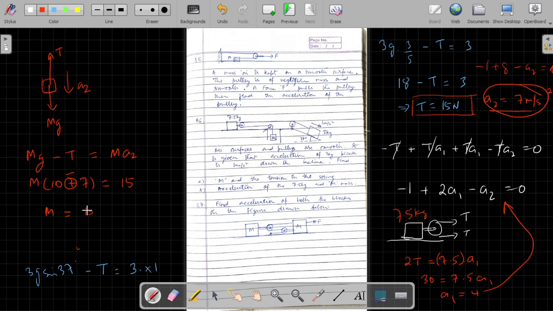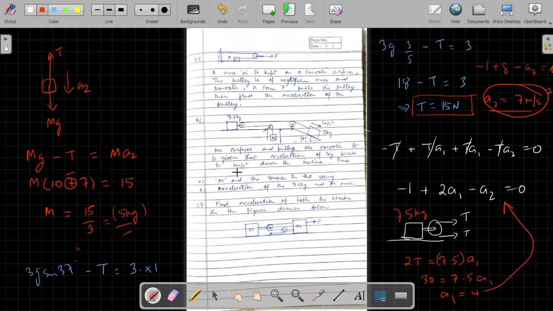So this would be 15 minus 10 minus 7, that is 3. So that would be equal to 5 kg. So that is the value of the mass of this unknown block.